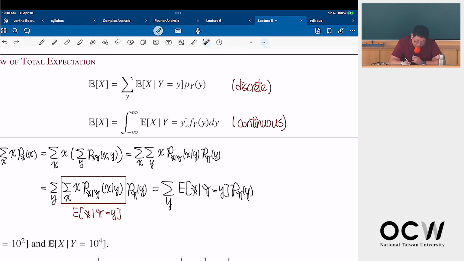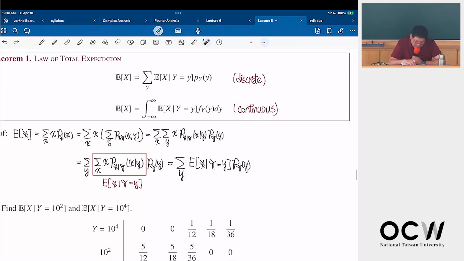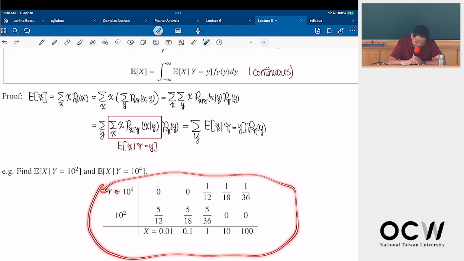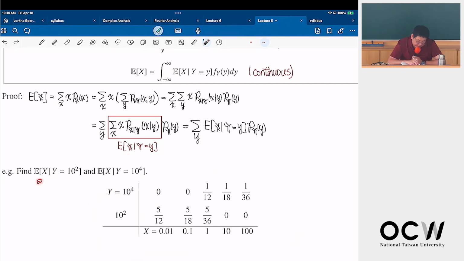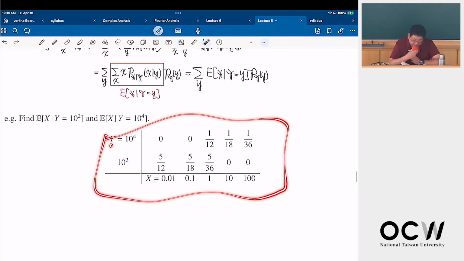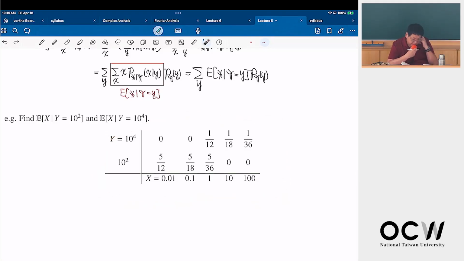So now let's continue our previous example. Let's find the conditional expectation of x given y equals 10 squared, and given y equals 10,000. We haven't found the conditional expectation yet. Now we have this table for the joint PMF.